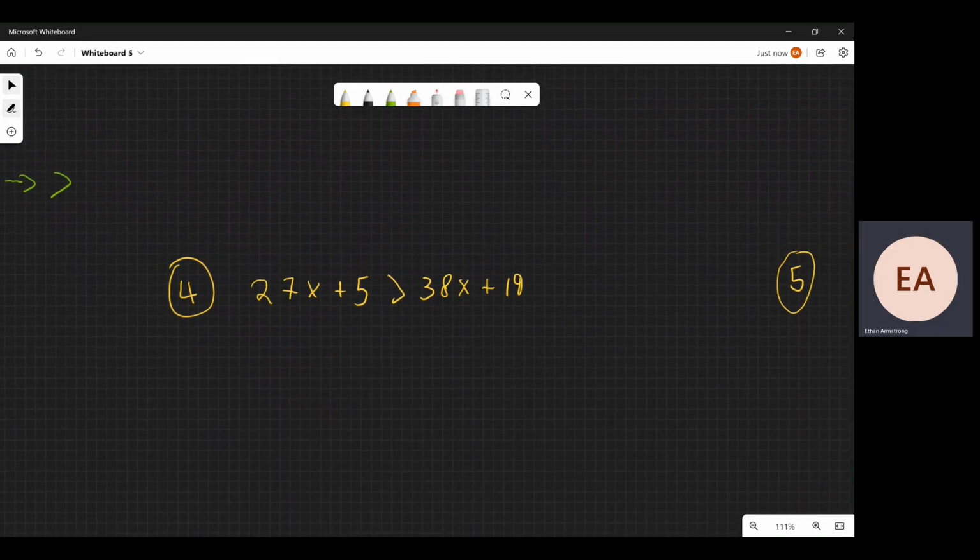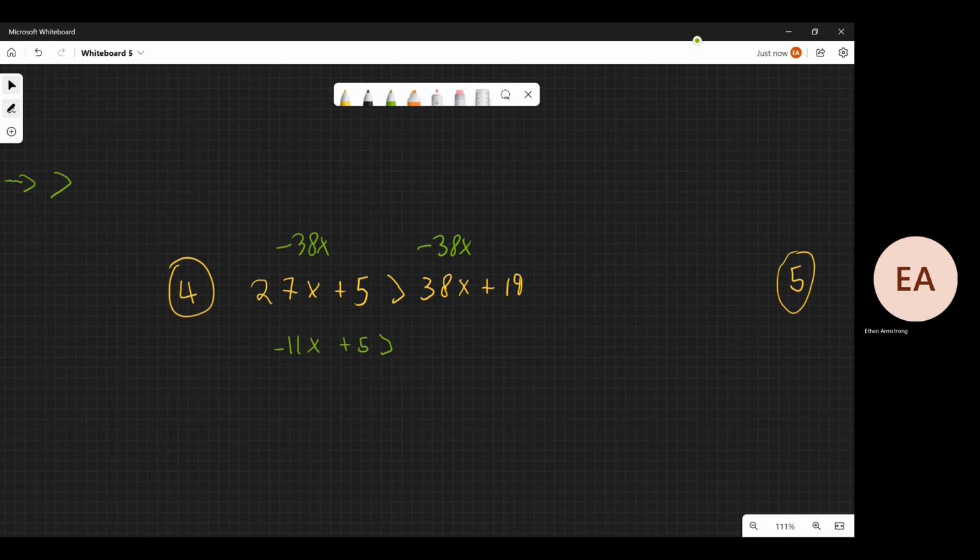We have another example. Let's move our x's to the left again. So we're going to subtract 38x, which gives us negative 11x plus 5 is greater than 19. We're going to subtract 5 from both sides to get everything on one side.